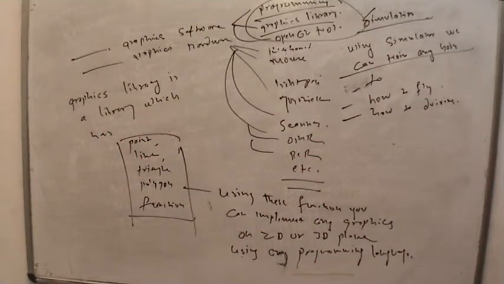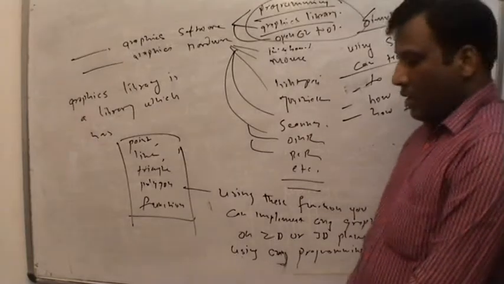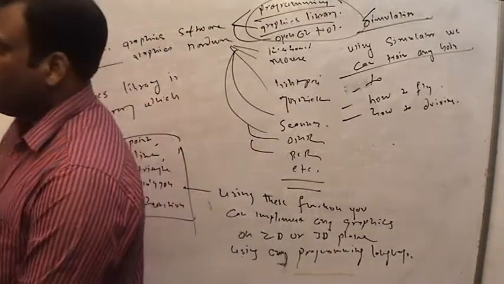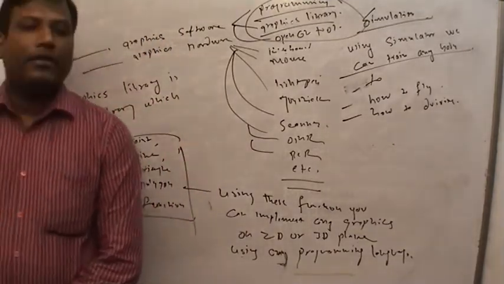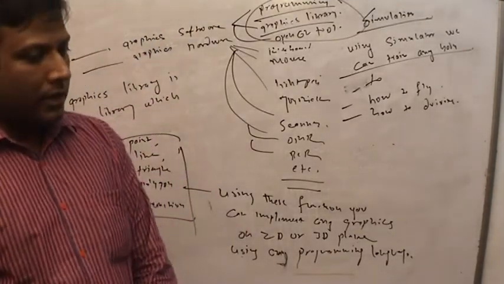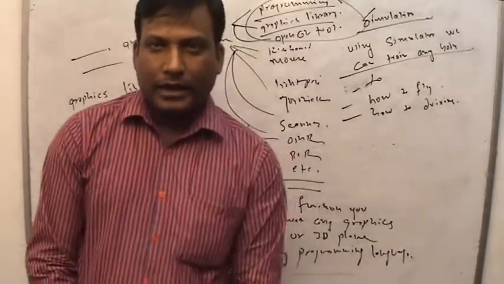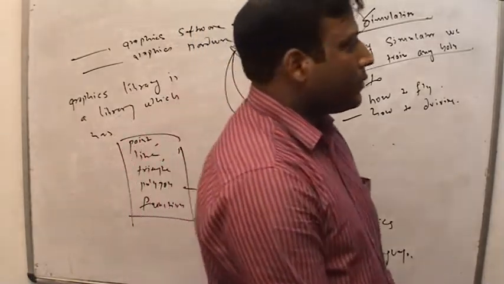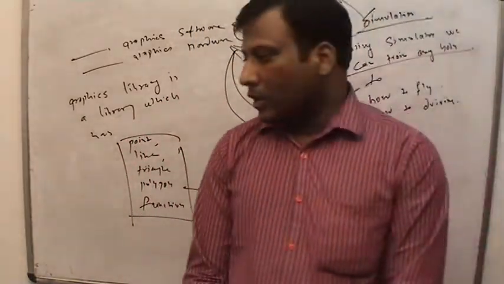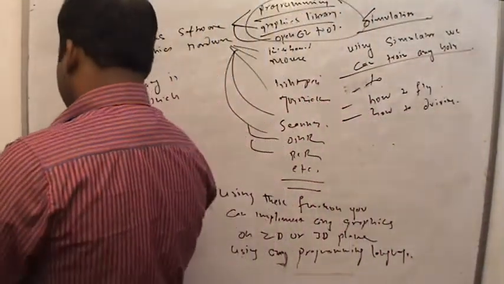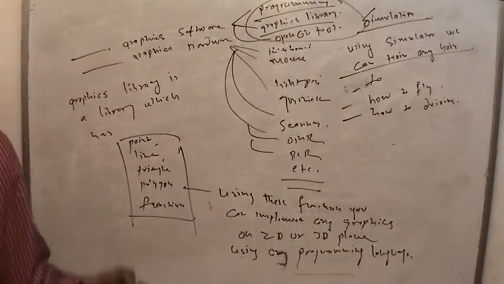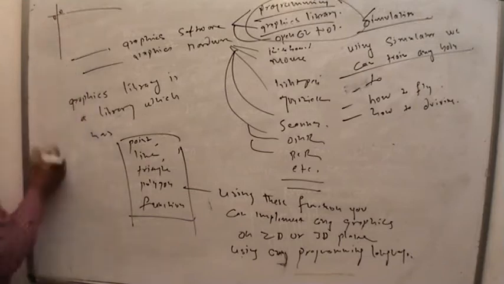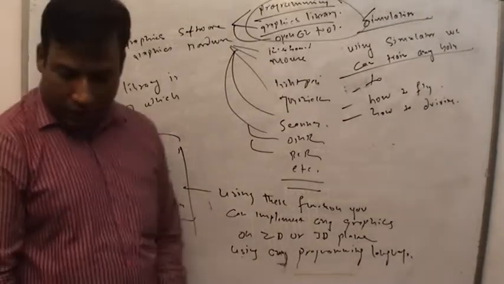As we discussed earlier that graphics is generated using coordinate systems, and we know that we have two coordinate systems on computer graphics, that's the 2D coordinate and 3D coordinate, and both are called the Cartesian coordinate systems. In Cartesian coordinate system, the origin point is 0, 0. Where x coordinate and y coordinate intersect, this is called the origin point, and we can denote it with 0 and 0.